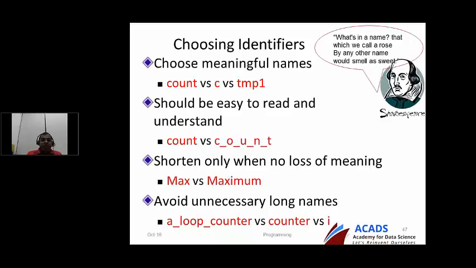Even if you are using a counter for a loop, naming it loop counter is not going to convey any more information than a variable named counter or count. And as I said, if the use is restricted to a few lines, then you can even use variables like i and j, which in the programming community are used very commonly to refer to loop indices or array indices.